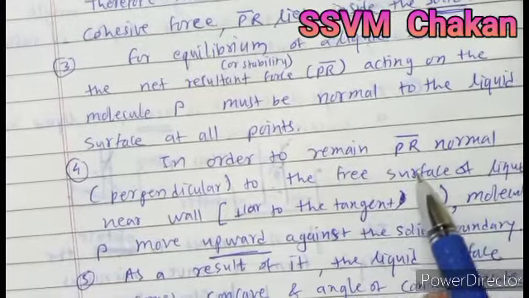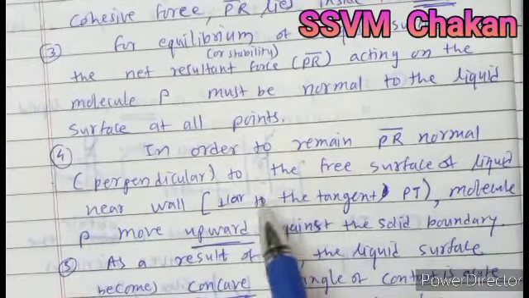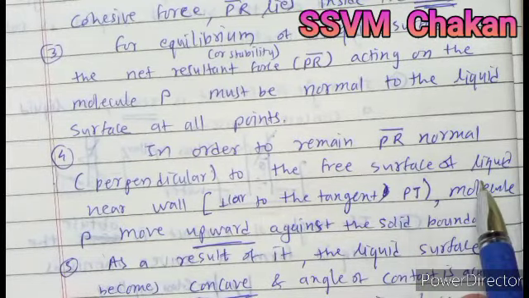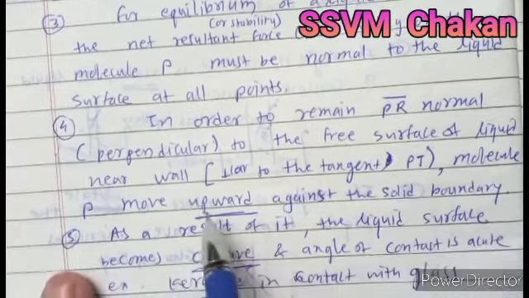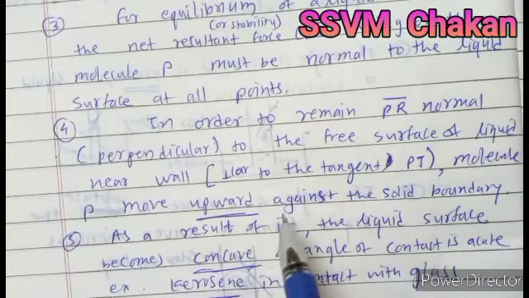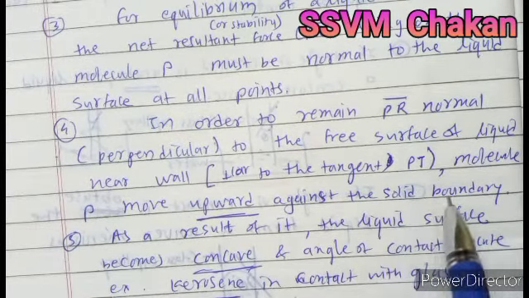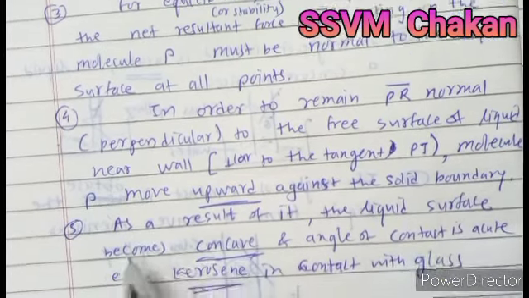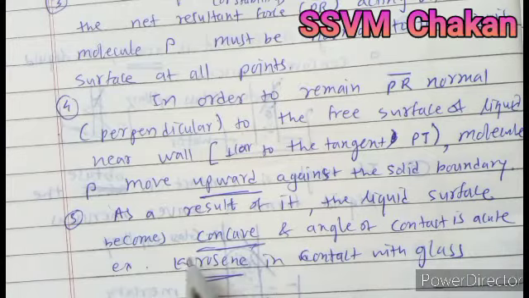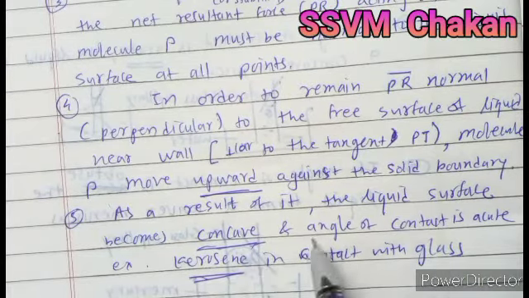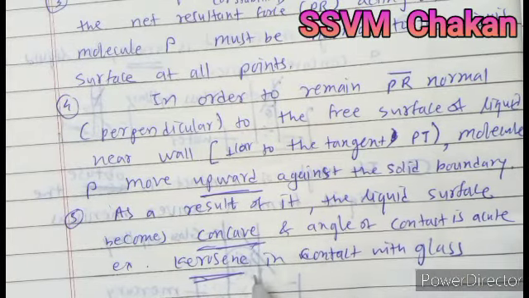In order to keep PR bar normal to the free surface of the liquid near the wall, molecule P moves upward against the solid boundary. As a result, the liquid surface becomes concave and the angle of contact is acute.